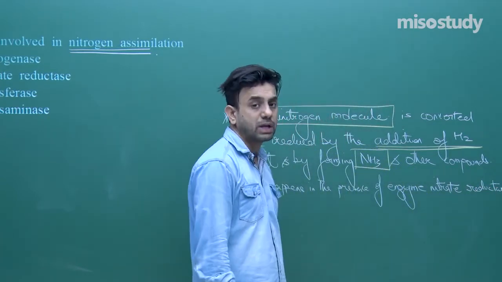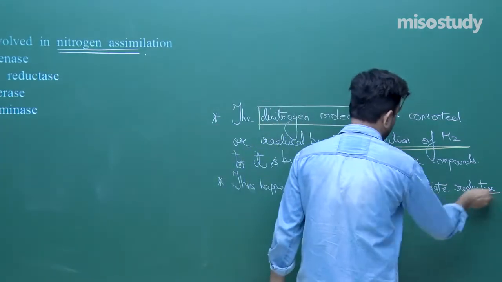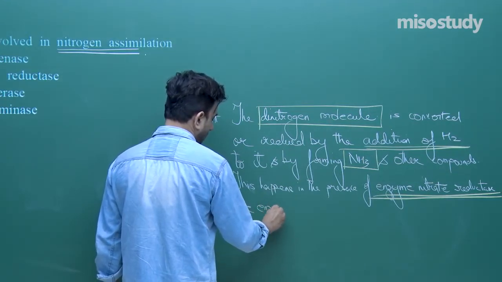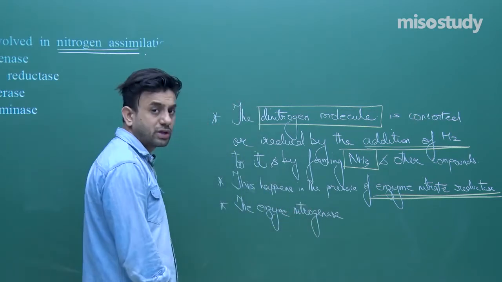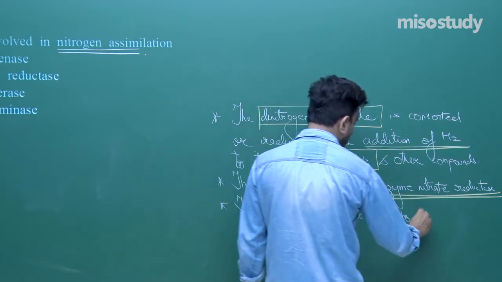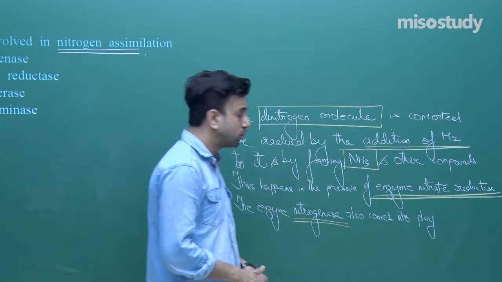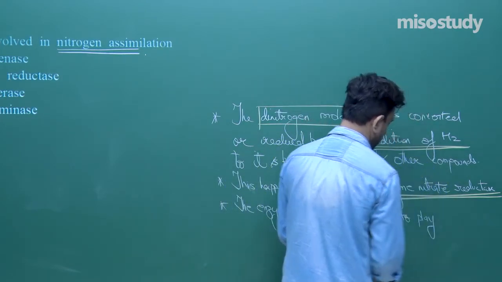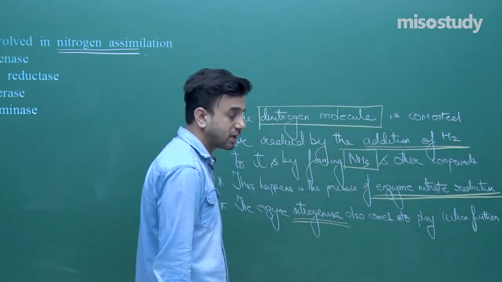The enzyme nitrogenase also comes into play, but later on, when this ammonia is converted to other products and further reduction is taking place.